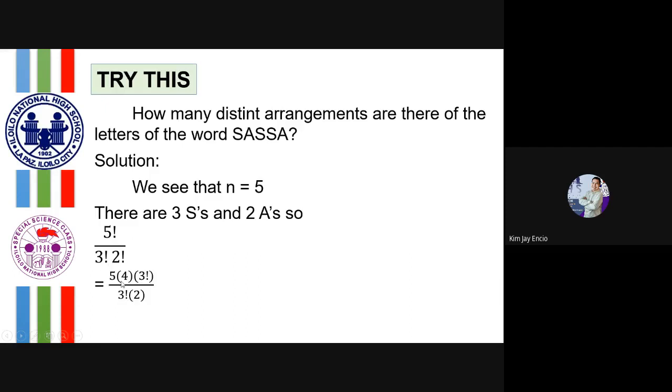Simplifying this gives us 5 times 4 times 3 factorial. I stopped, of course, because of this 3 factorial here. Then the value of 2 factorial is 2, so I have here 2. I could divide the 3 factorial. So what will be left is 5 times 4, which is 20, divided by 2, which is 10.